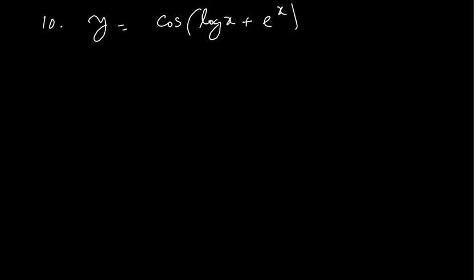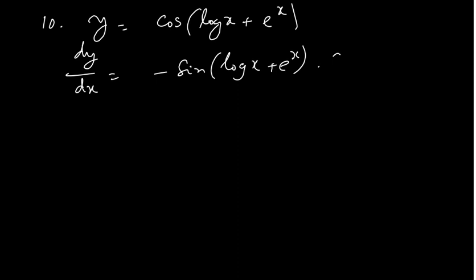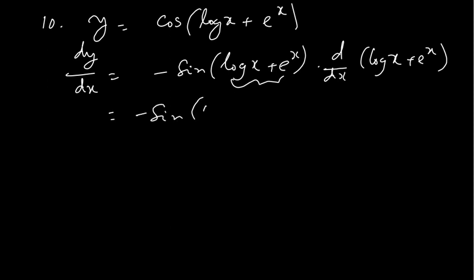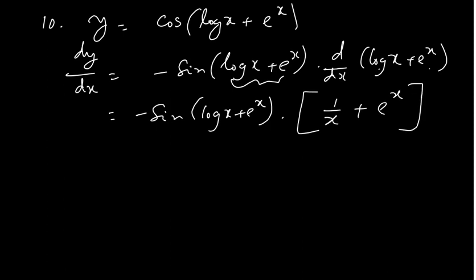So here dy by dx is minus sine of log x plus e power x into dy by dx of this part, log x plus e power x. So minus sine of log x plus e power x, and for this differentiation you will have 1 by x plus e power x. That's the answer.